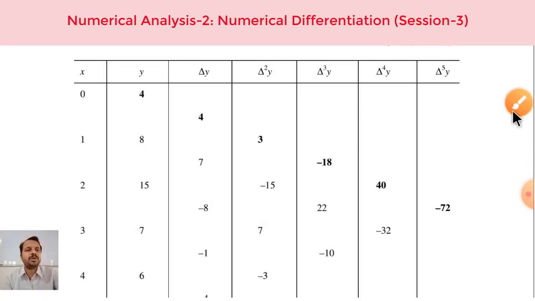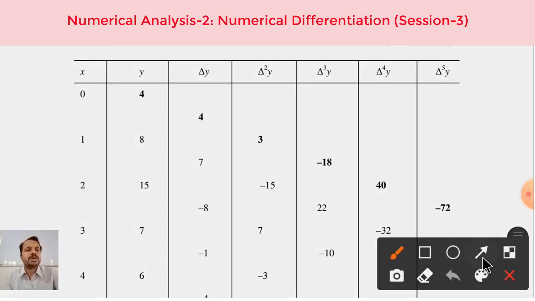You have to use this style of writing. So where we are writing the answer here, that is this value 8 minus 4, answer is 4, that is to be written in between these two in the next column, that is in the first order difference column.